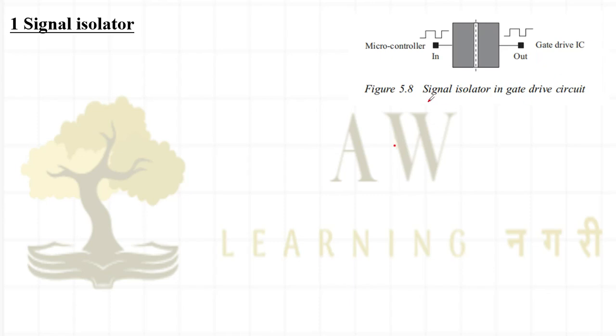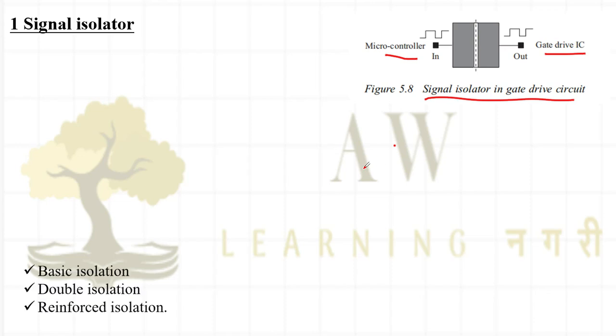The signal isolator basically isolates my microcontroller signal and the gate driver, and gives the signal to the gate driver after isolation. First, know about the different isolations available. Basic isolation means it isolates by only a single layer: input and output are isolated by a single layer.